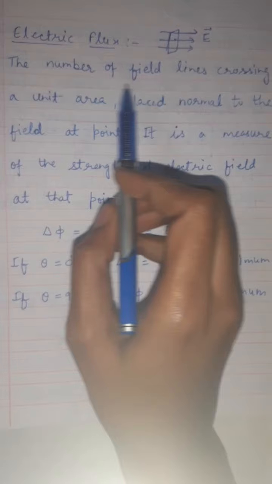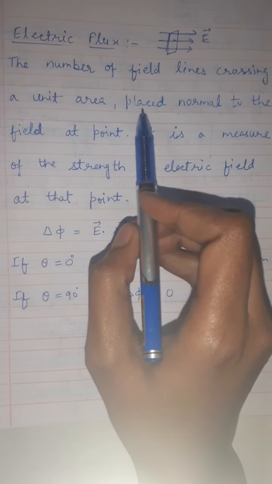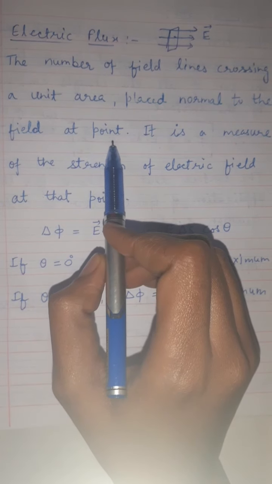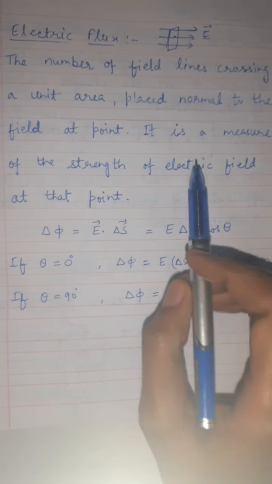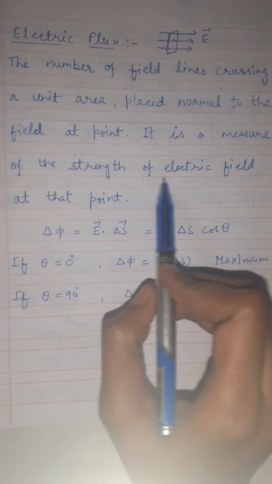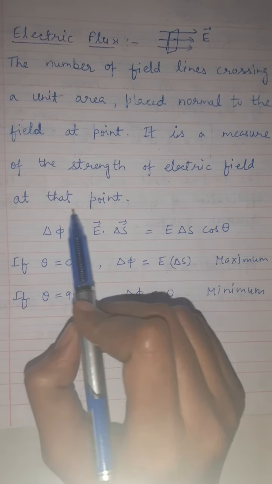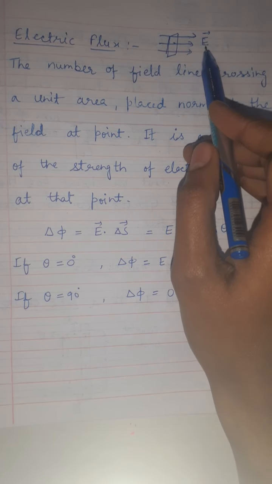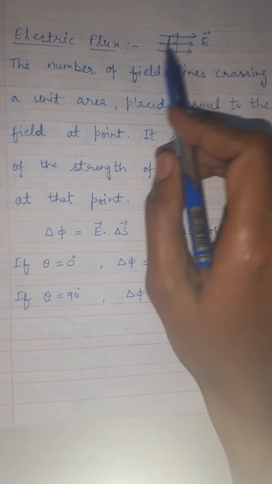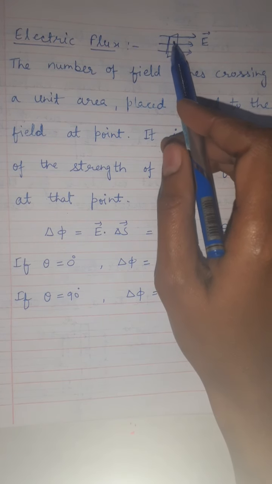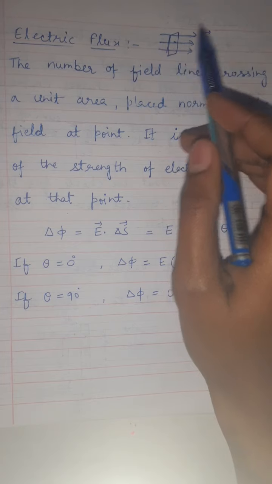So the number of field lines crossing a unit area which is placed perpendicular to the electric field at that point is called the electric flux. And it means electric flux is always a measure of the strength of the electric field at that point, because if this electric field is strong, the electric field lines will be closer, and the number of lines which will cross this area will be more.